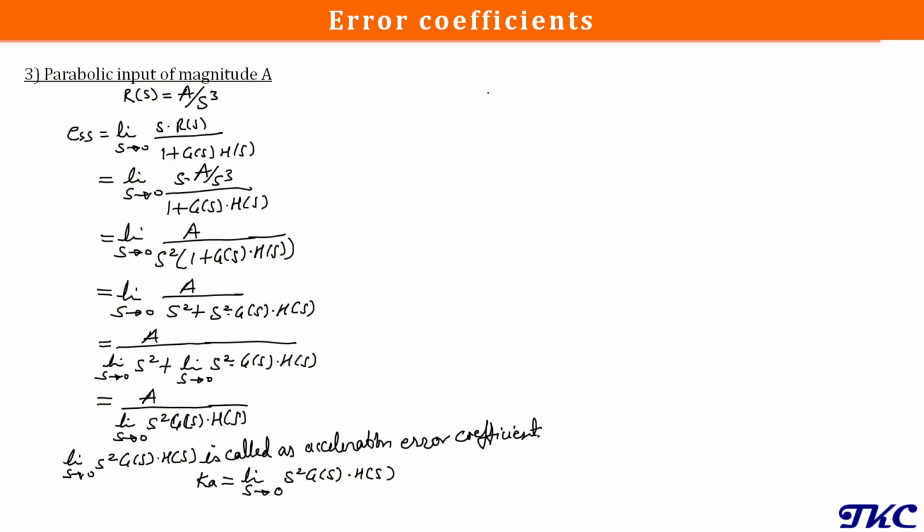So now the steady state error we can write here as A by Ka. So from this equation we can see that again the steady state error for this case depends on the magnitude of the input as well as the acceleration error coefficient. So in this way we can determine the error coefficient for different types of input as well as the steady state error for different types of input.